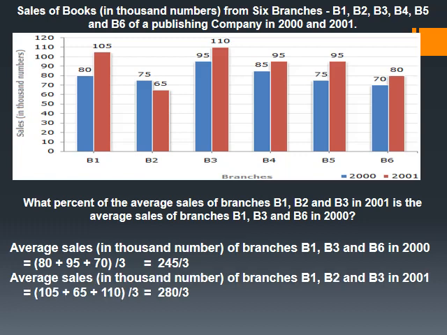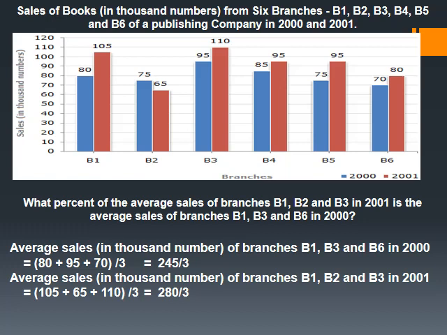Now we find the average sales of branches B1, B2, B3 in 2001. Look for the red bars. For B1, 105. For B2, it is 65. Then for B3, the red bar is 110. You add all of them and divide by 3.